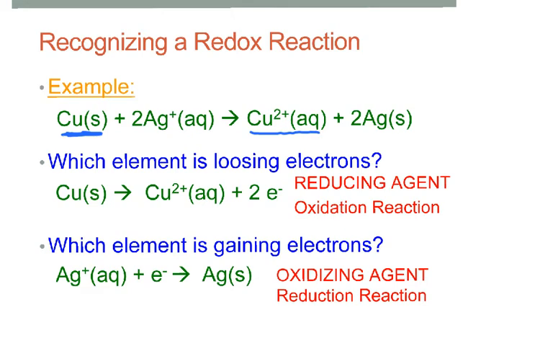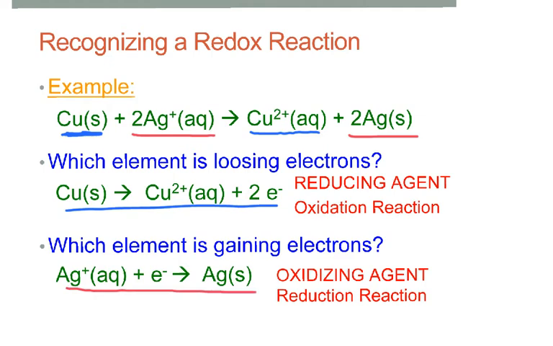If copper lost electrons, the reaction of copper to copper 2+ is an oxidation reaction. Okay? Let's look at silver. Silver has a +1 charge in the reactants, and in the product, silver has a 0 charge. Silver gained electrons. Therefore, that part of the reaction is the reduction reaction.